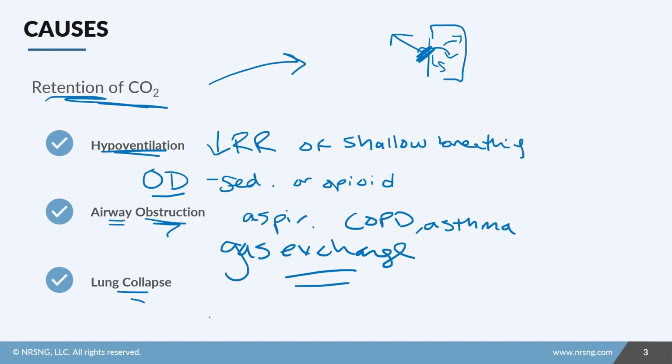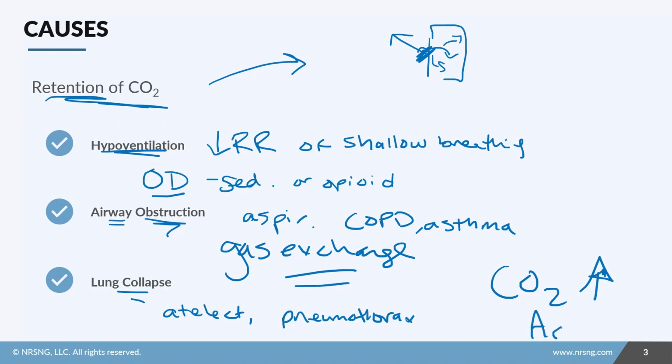Or it could also be some form of lung collapse like atelectasis or even a hemothorax or a pneumothorax that prevents the lung from expanding all the way. All of this can cause our CO2 level to be built up in our bloodstream. And remember that CO2 is acid, so more CO2 means more acid, hence respiratory acidosis.